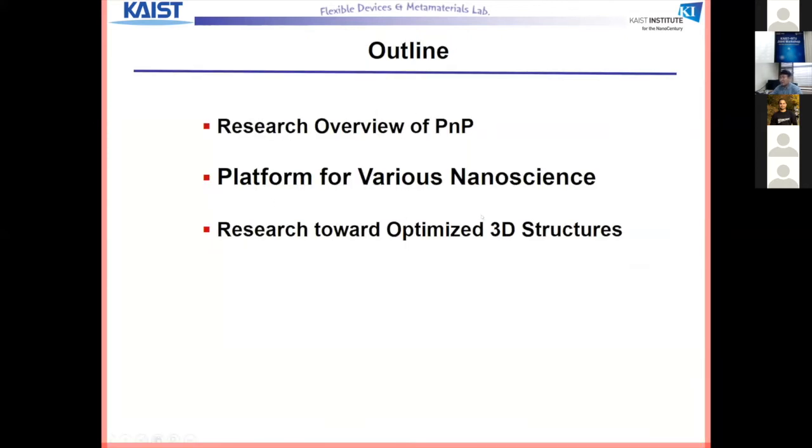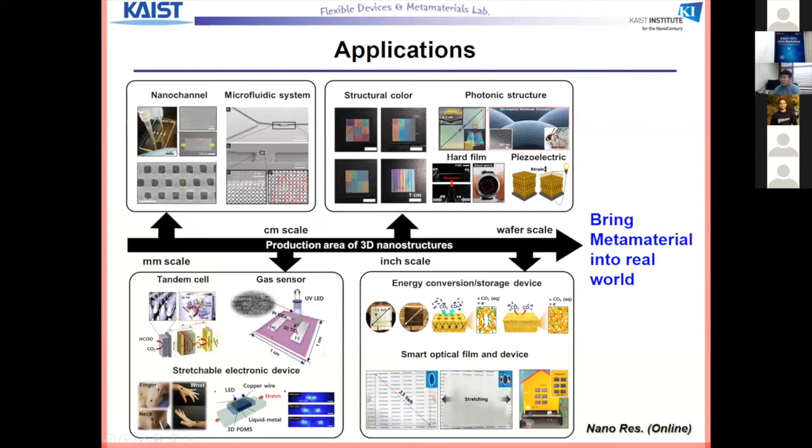We have numerous examples and applications, but I'll just show a couple of recent ones. We use it for nanochannels, microfluidic systems, photonic films, and energy applications such as piezoelectrics, gas sensors, batteries, and also scattering.